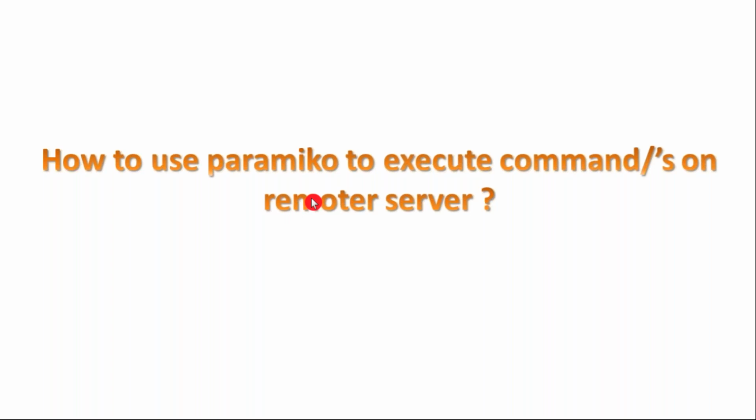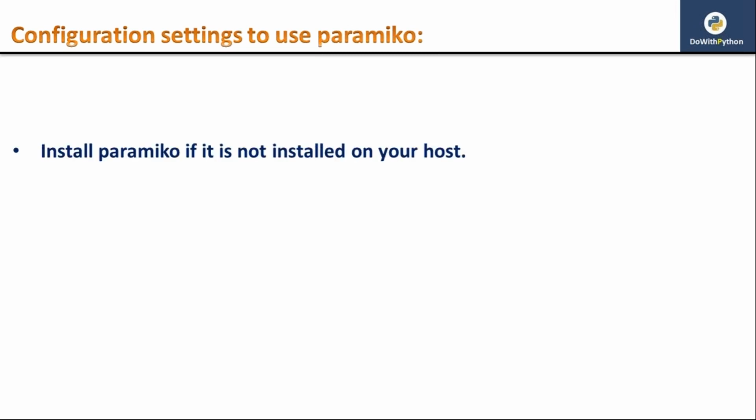Before using this, you should have some configuration settings to use paramiko. Suppose you don't have paramiko on your local host, then first we need to install it. Of course, to use paramiko, we should have that module on your host.